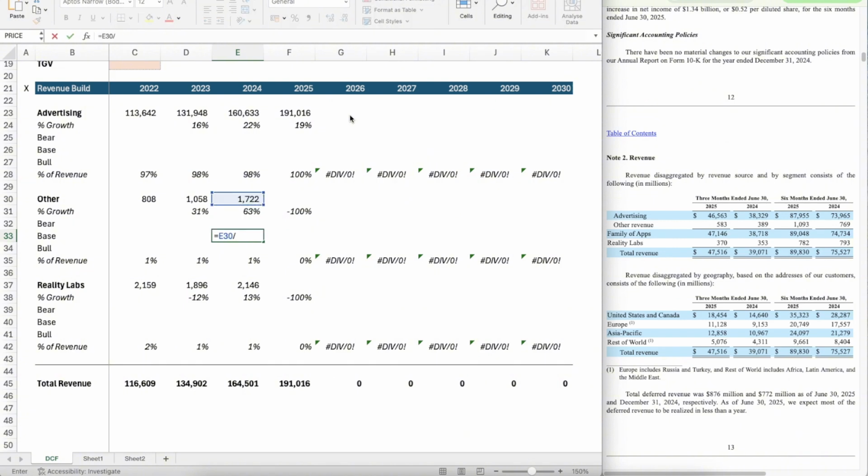Do the same here. 769. 2.23, so 1093. 2.2, let's call it 2.24. So the other's growing quite substantially.